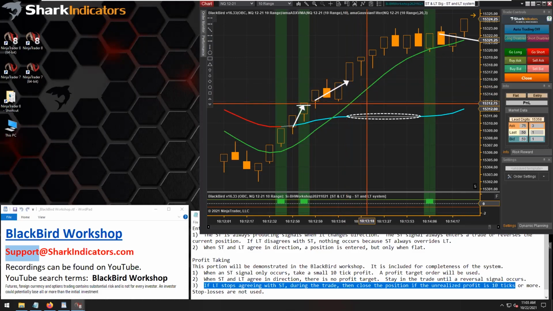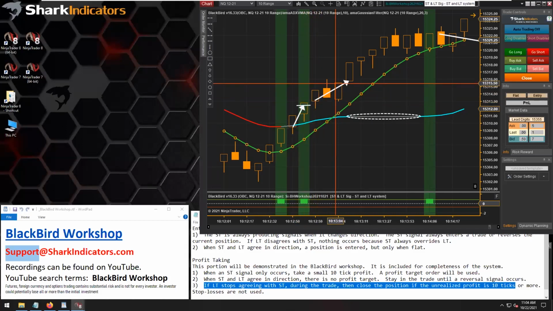There. All right. So we get the second signal, and the long-term and short-term are in agreement. So when this second trade opens up, right, the profit target would be canceled.